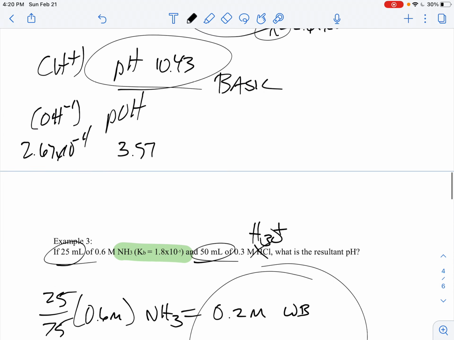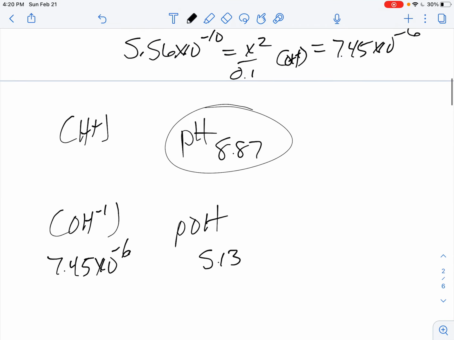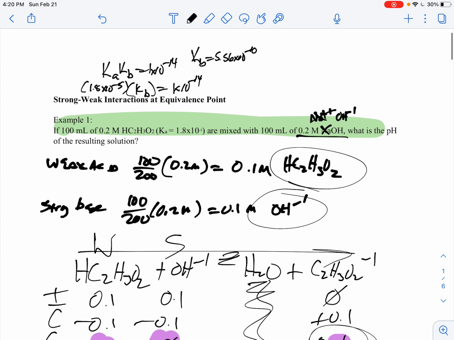If you are being asked to play a strong-weak at the equivalence point, like we have here, it is going to end up being a diluted conjugate problem of the opposite of the conjugate weak system. So if they give you a weak acid, you're going to end up diluting it and doing a simple Kb problem. If they give you a weak base, then you're going to end up diluting it when you mix them together, and you're going to end up doing a simple Ka problem because of the way that these guys work out.